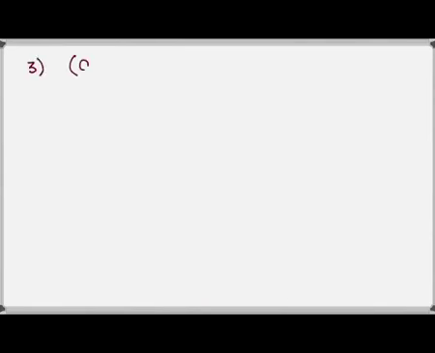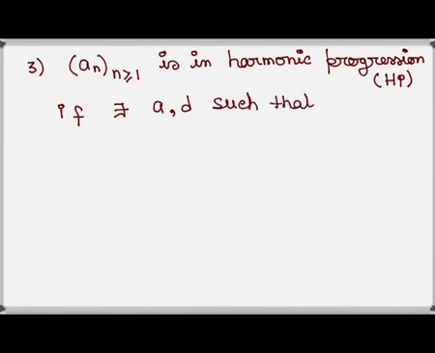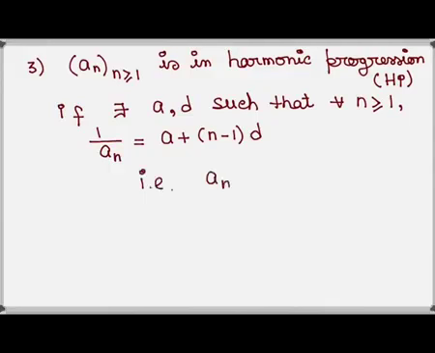And we say this sequence a_n is in harmonic progression, in short HP, if there exist a, d such that for all n bigger than or equal to 1 we have 1 by a_n is equal to a plus (n minus 1) into d, that is a_n is equal to 1 by (a plus (n minus 1) into d).